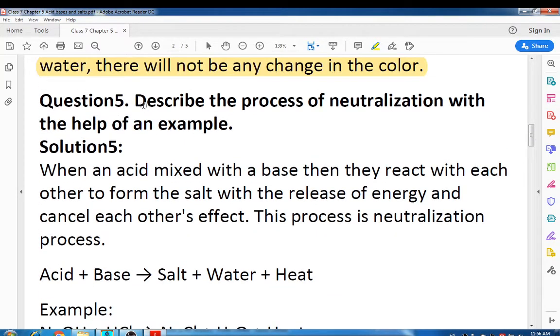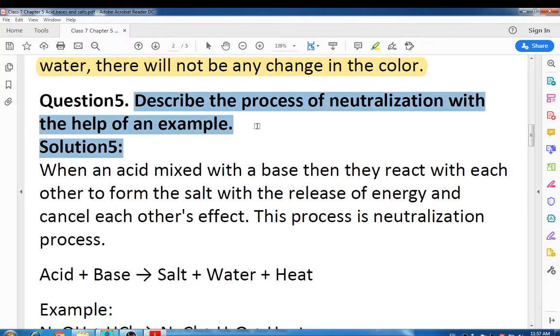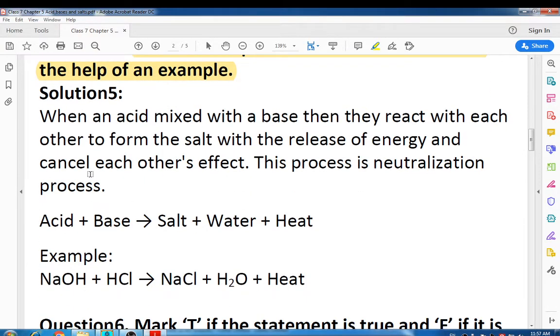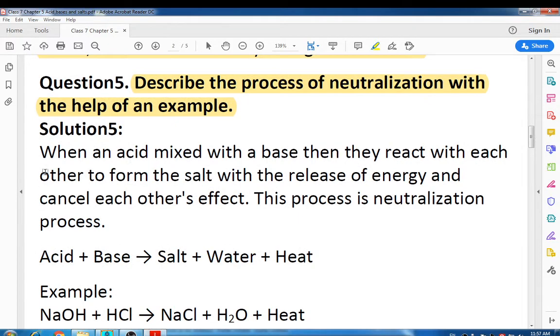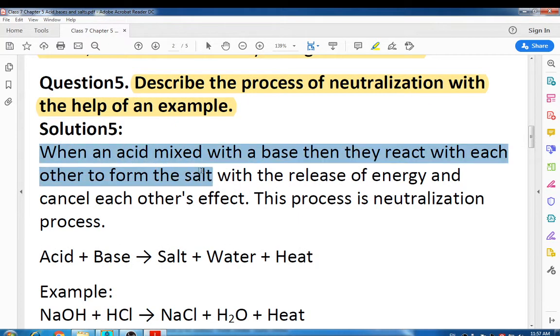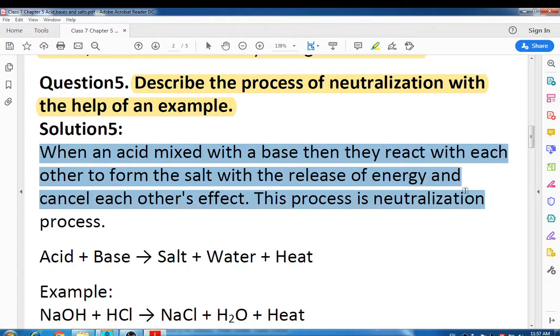Next question number 5, describe the process of neutralization with the help of an example. Here you have to write the definition of neutralization, then the reaction and example. I have told this in the video. When acid is mixed with base, they react with each other and form salt, releasing energy, and cancel each other's effects.